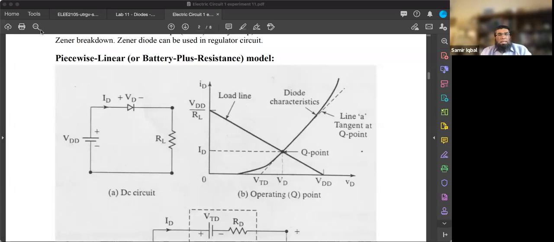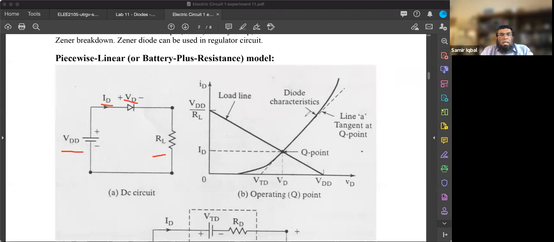And when you see VD, that would mean the voltage drop across the diode, right? And ID would be the current that flows through that. So if we know these basic terminology, that we have a load resistance, this is the voltage drop across the diode, this is the current through the diode.